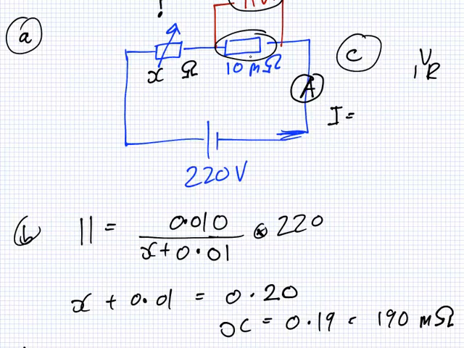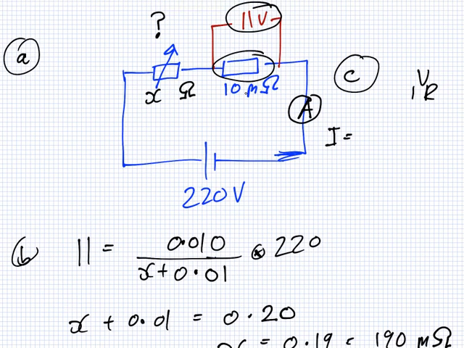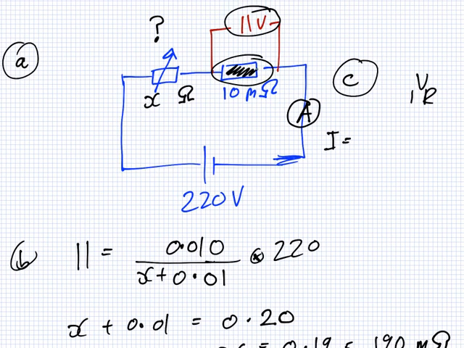I could look at this one, because I know the V and the R, so I equals V over R, 11 over 0.01. What's that? Is that 1100 amps?